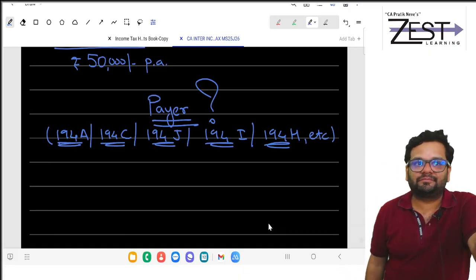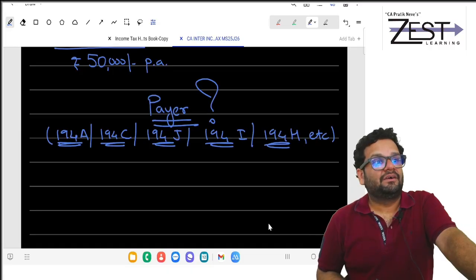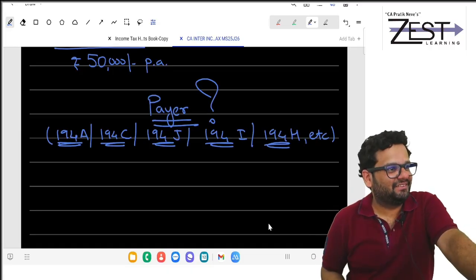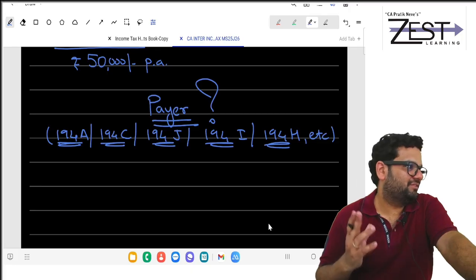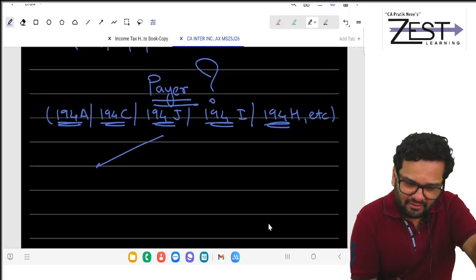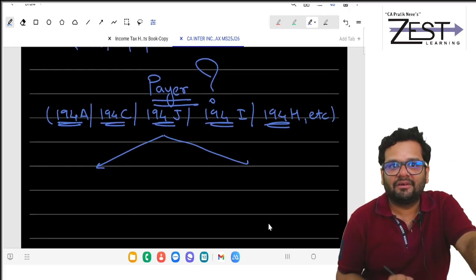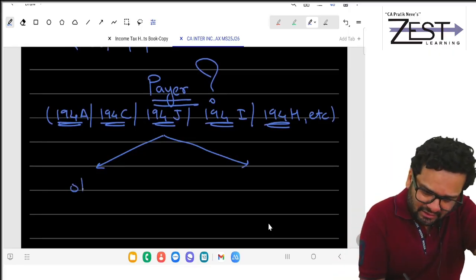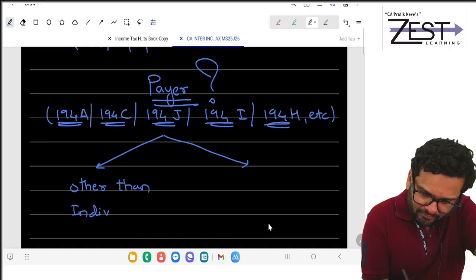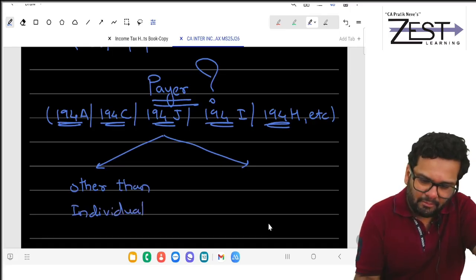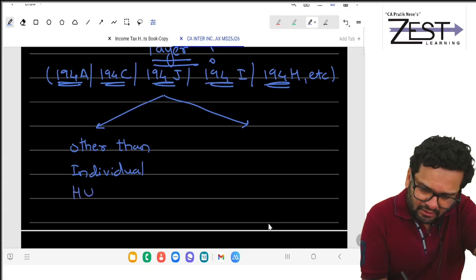Who is the payer? Payer is any person except individual or HUF. So basically, two possibilities. Payer is other than individual and HUF.